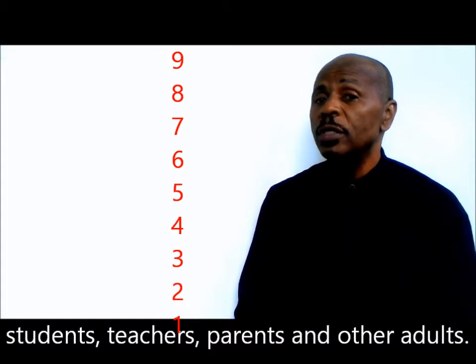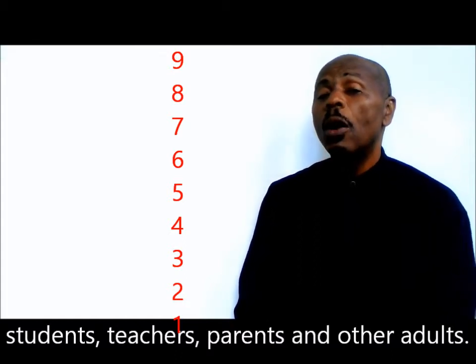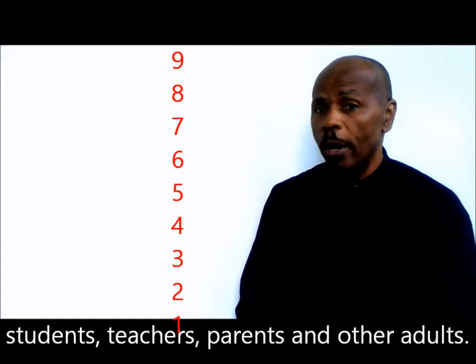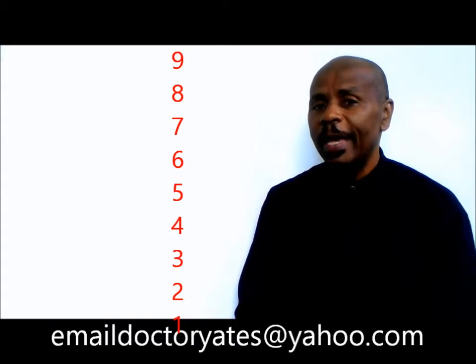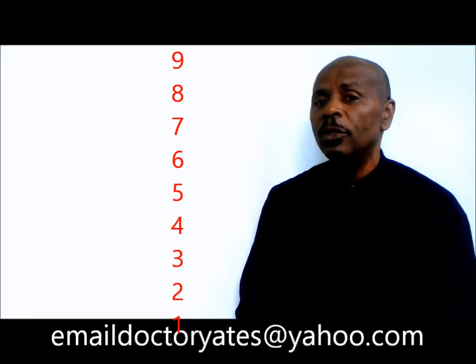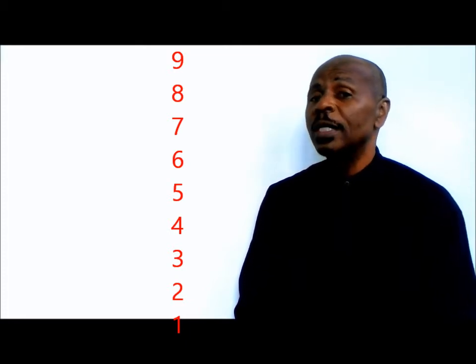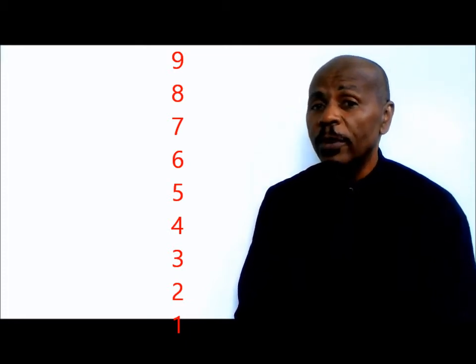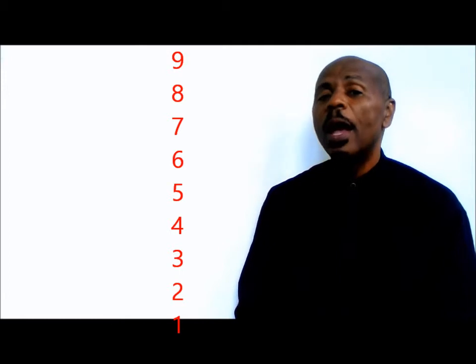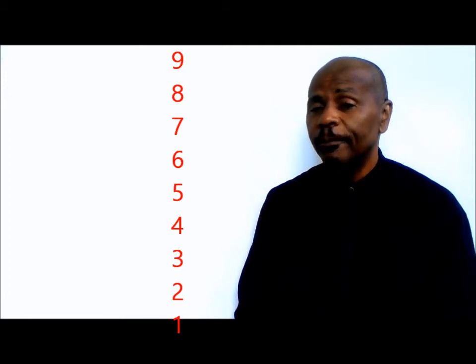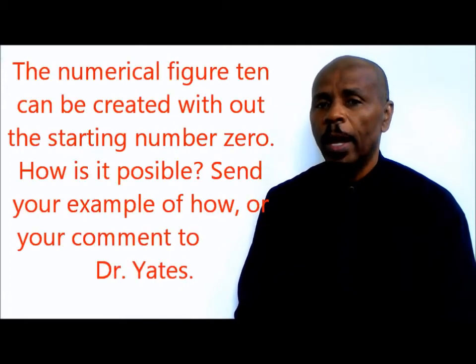And why are you using 0 to write 10, when previously, before the 9 and the 8 and the 7 and the 6 and the 5 and the 4 and the 3 and the 2 and the 1, there was no 0, it didn't exist? So why are you using it now to create the figure, as you say, the number 10? That is not logical, okay?